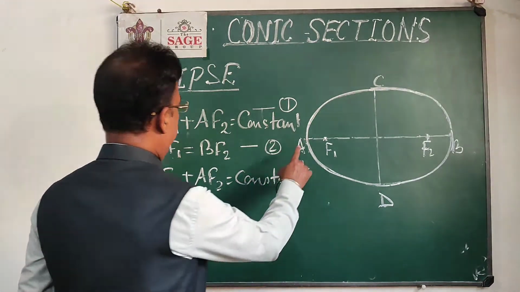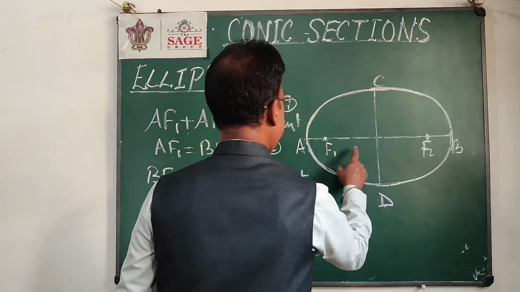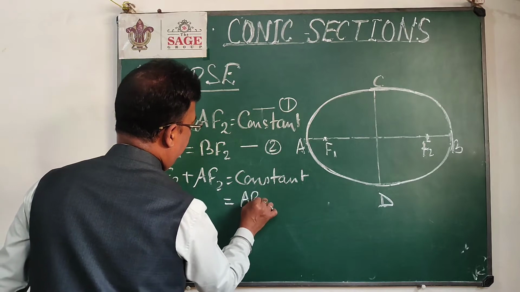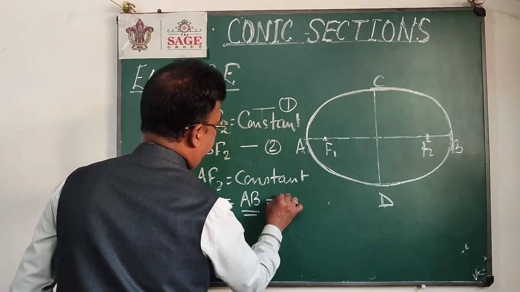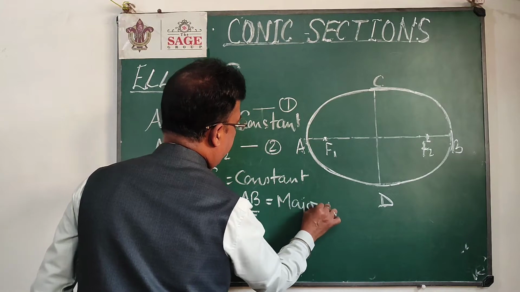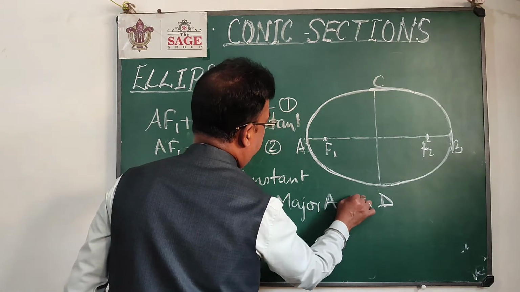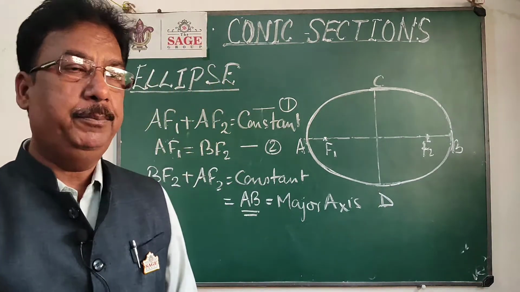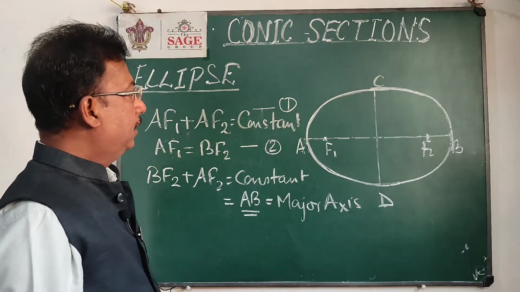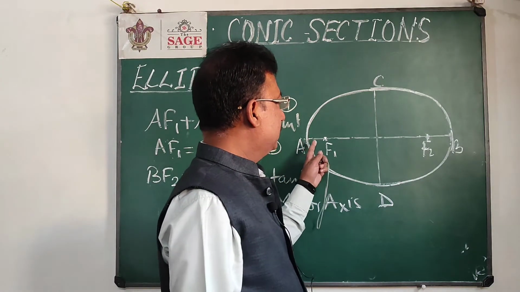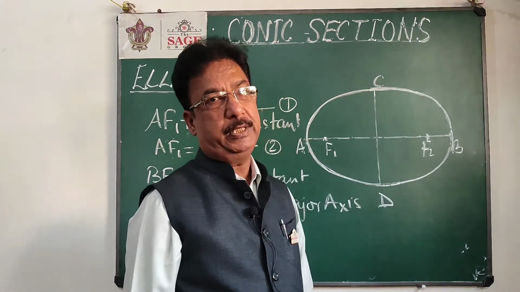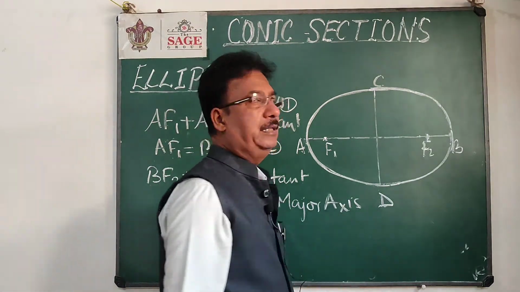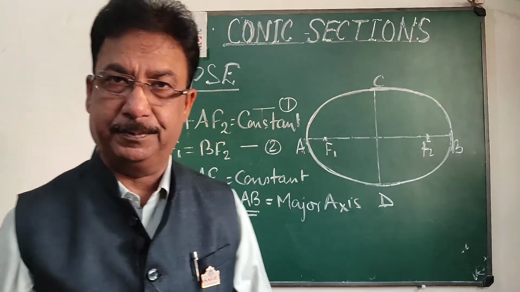And what is the value? BF2 plus AF2 equals AB. So the fixed distance sum equals the major axis of the ellipse. This is the concept: the point will move in such a way that the sum of its distances from the two fixed points remains equal to the major axis. If I follow this law, then the curve generated will be an ellipse.